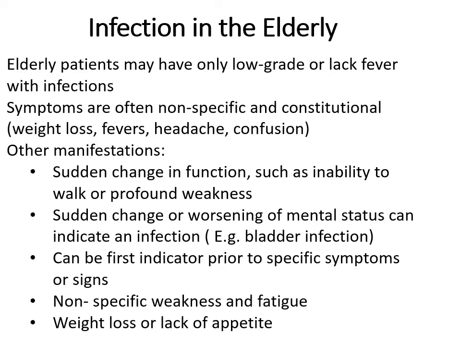What are some other manifestations of infection in the elderly? Definitely a sudden change in function, decreased ability to walk, or profound weakness is common in the elderly with very mild infections.